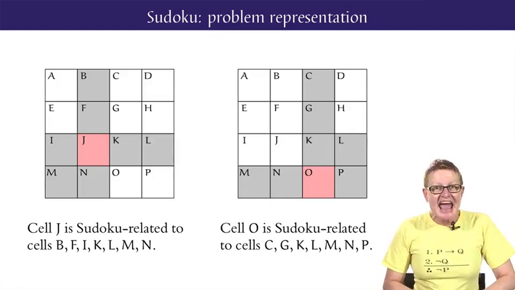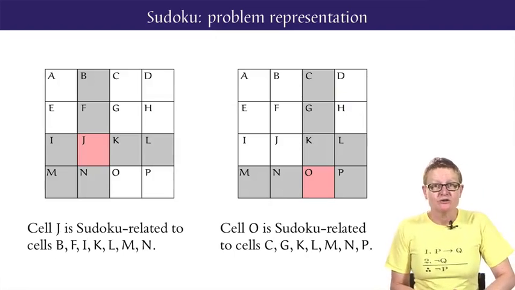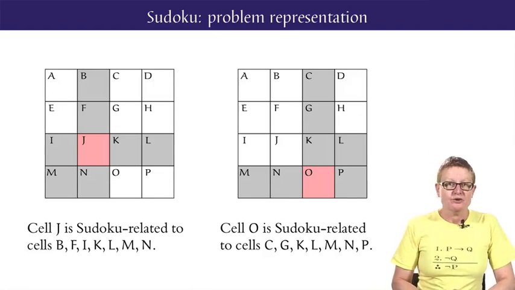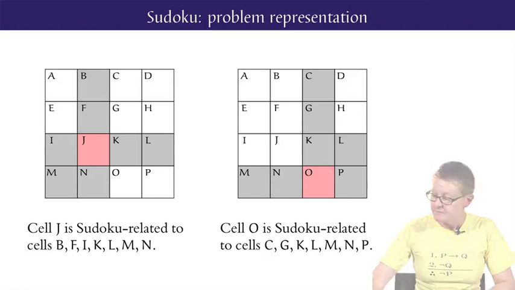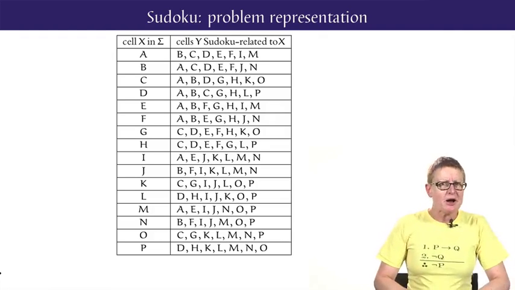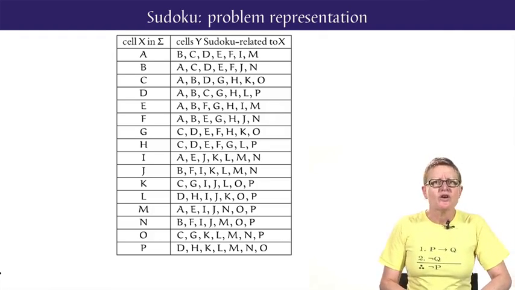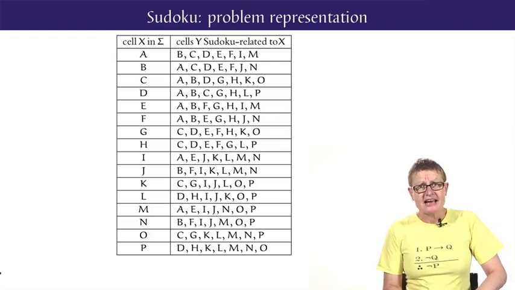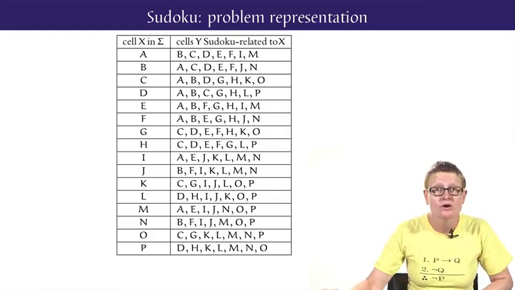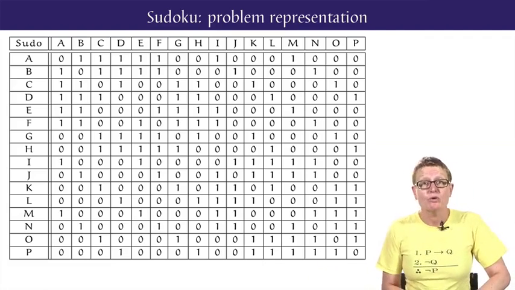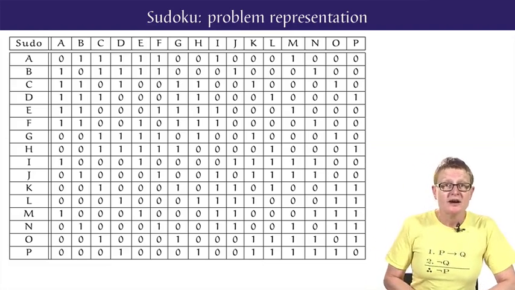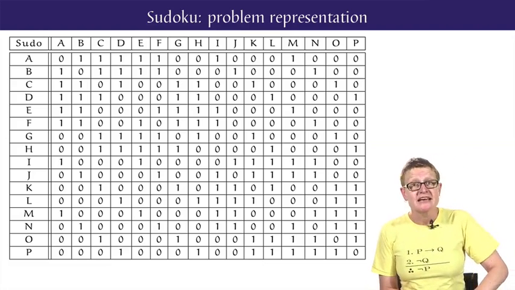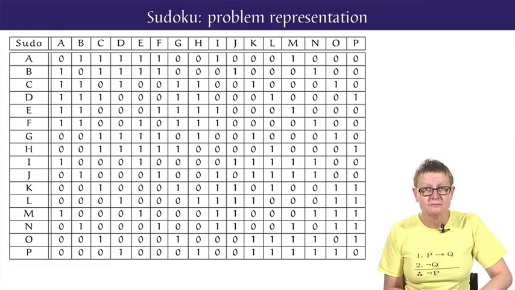We only scan the Sudoku related cells when solving the value of a given cell. For access by a computer, we could store the Sudoku relationship data as a list of lists or as a table with an entry 1 when a pair of cells are Sudoku related and an entry 0 when they are not.